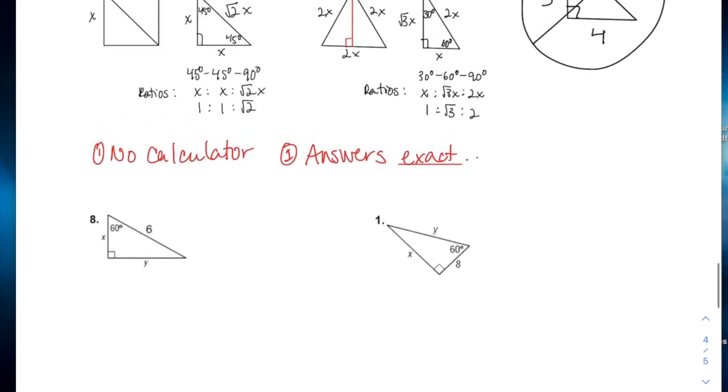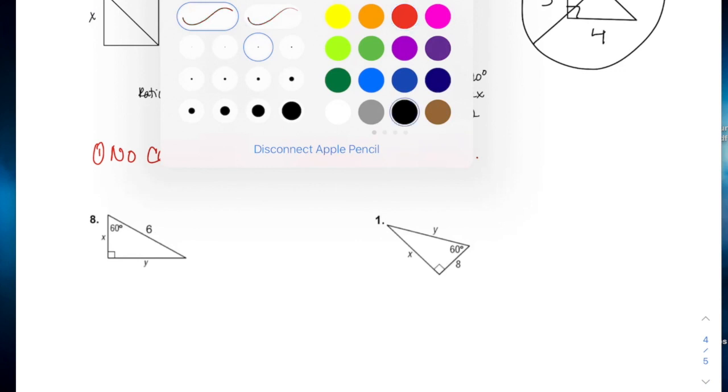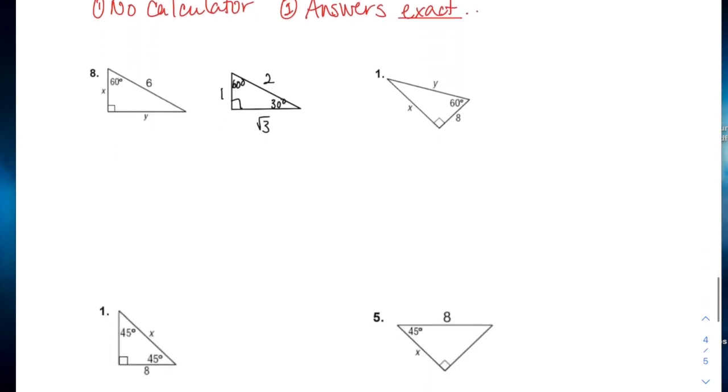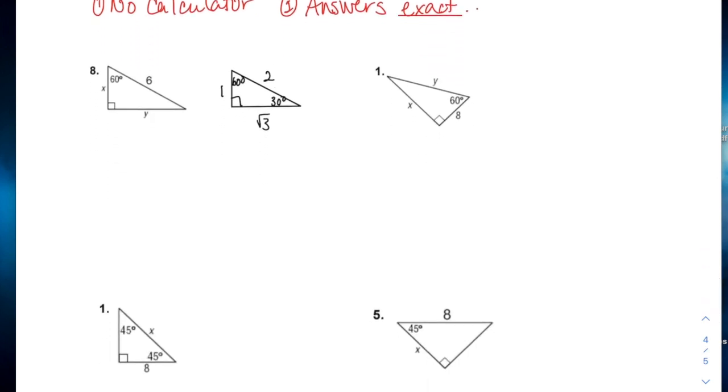So for example, if I look here at number 8, I can compare this to a special triangle that I know, and then using the similarity skills that we learned previously, we can solve for missing quantities. In my 30, 60, 90 general triangle, I know this is 1, root 3, and 2, and now I can just use comparisons of ratios of sides to solve this.